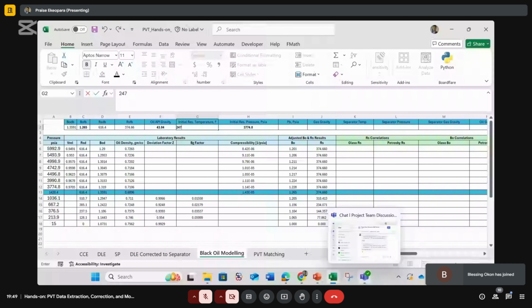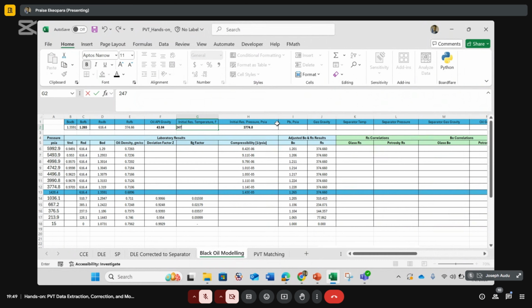Then the next one we have there will be our saturation. And as you can see, you are seeing our saturation value over there, which is this pressure point of 1420.4, right?